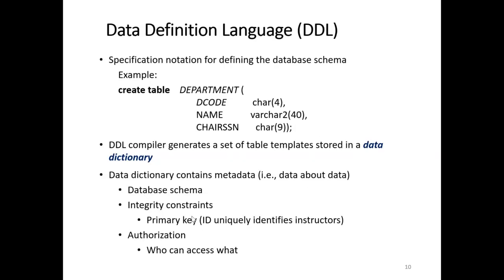And also the constraints. In the relational database, it defines several constraints. Why are constraints important? Constraints help us to maintain the accuracy and consistency of the data. We have constraints between the foreign key and the reference key. We also have constraints about the primary key, and domain constraints, the domain of each attribute.